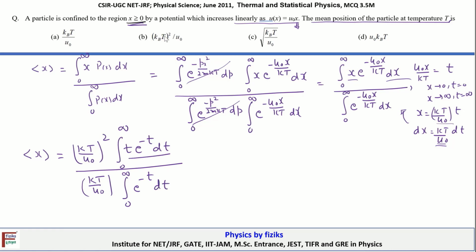This is a gamma function whose value is gamma 2, which is equal to 1 factorial, that means 1. So this will yield 1, and this will also yield a factor of 1. That means at the end we are left with the mean value of x equal to kT upon u naught. So therefore A is the correct option here.